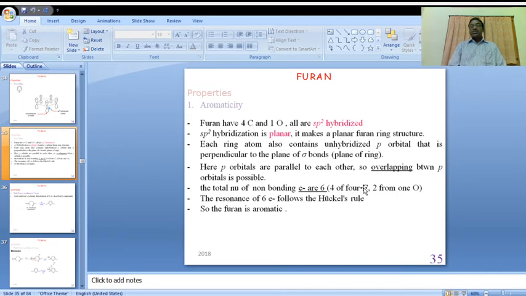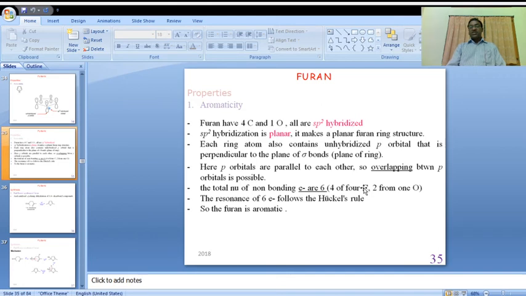But please remember the important information: in this electron cloud formation, 5 p orbitals, that means 5 atoms, are involved, but the total number of electrons is 6.